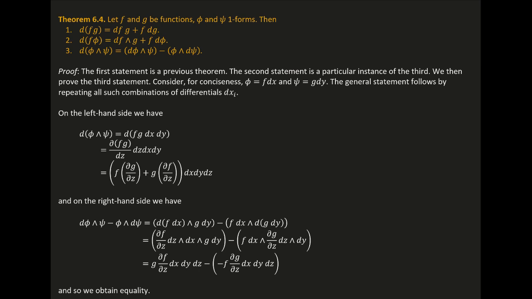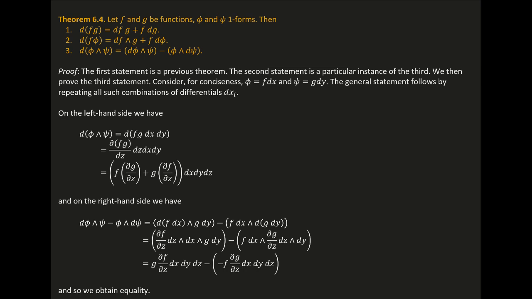By definition, the exterior derivative of fg dx dy is the derivative of fg times dz dx dy. Using our familiar product rule from Calculus 3, we can simply write this expression as f times the partial derivative of g with respect to z plus g times the partial derivative of f with respect to z, dx dy dz.